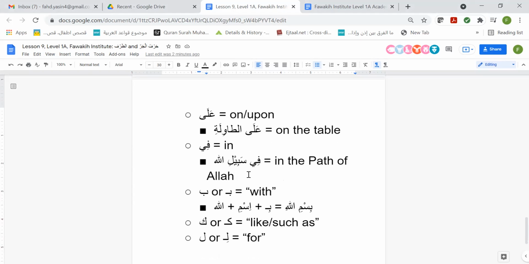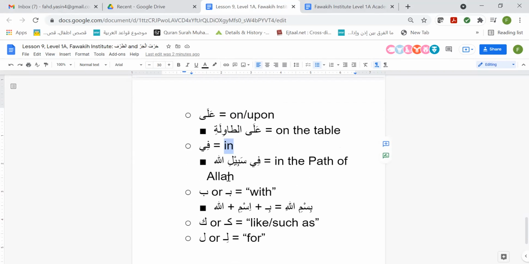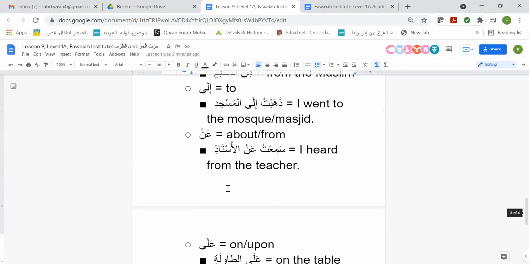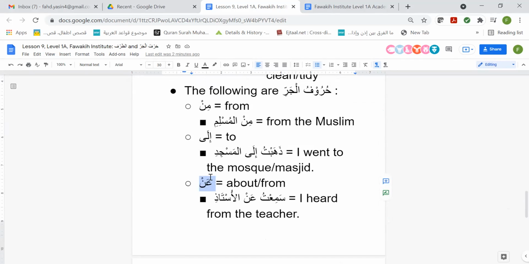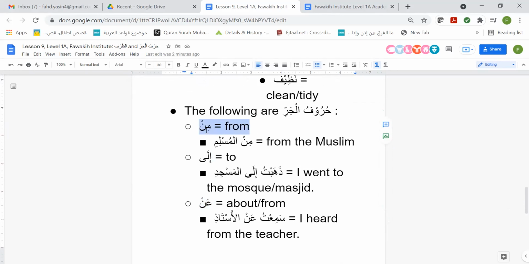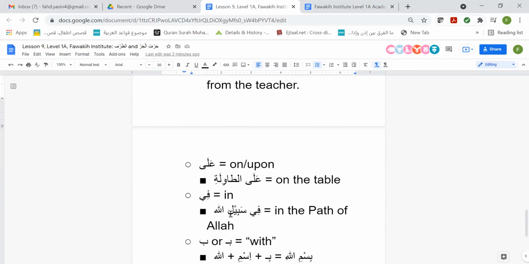I would definitely recommend, especially in the beginning, that you learn that ala means on, fi means in, ba means with, kaf, which we'll get to, means like or such as, an means about or from, ila means to, and min means from.